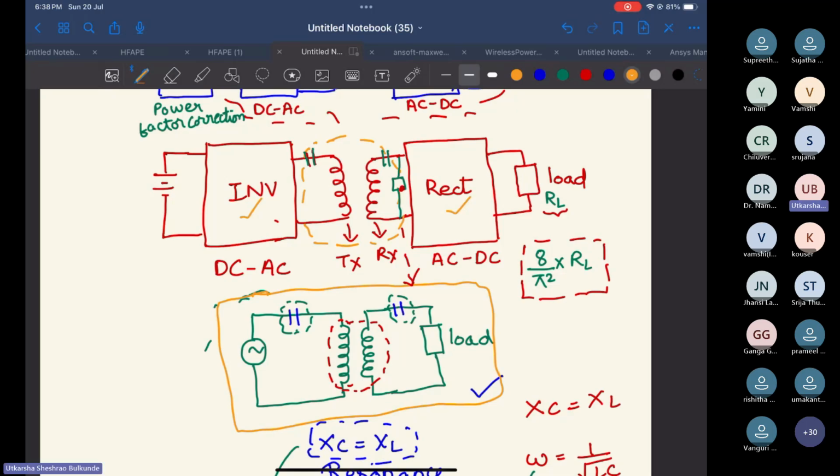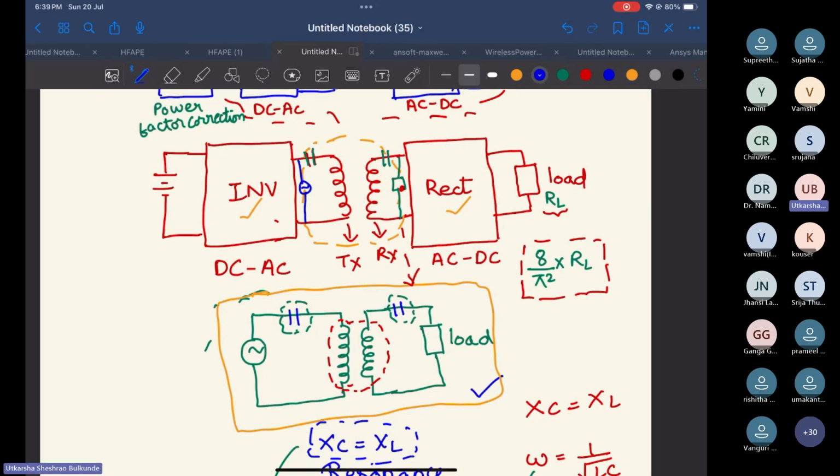For deriving this equivalent circuit, what we considered is the output voltage of the inverter, which will be AC, this capacitor, this inductor coil, then the transmitter coil, this capacitor, and then here is one load resistor. The value of this load resistor will be 8 upon pi square into RL, if RL is the value of my output load, right?